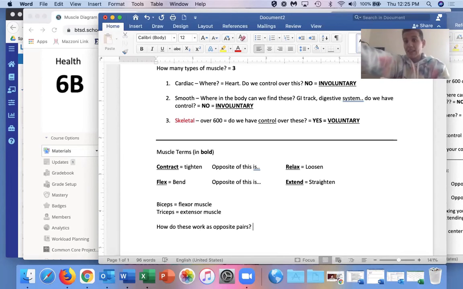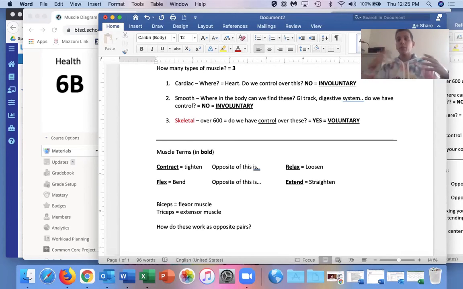Your arm will extend, and during that, your biceps is relaxed. So they work as opposite pairs and they work together oppositely. When one is contracting, the other is relaxing. And when the other is contracting, the opposite is relaxing. And that's how they work together.